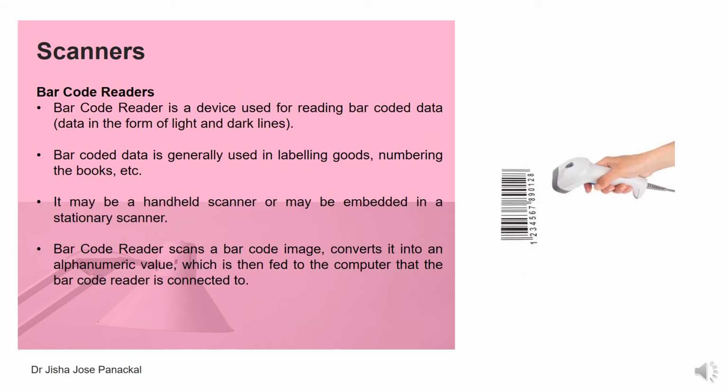This type of scanner is also very familiar to all of us: barcode readers. These are devices used for reading barcoded data, that is, data in the form of light and dark lines. Barcoded data is generally used in labeling goods, numbering books, etc. The barcode scanner can be a handheld one or it can be embedded in a stationary scanner.